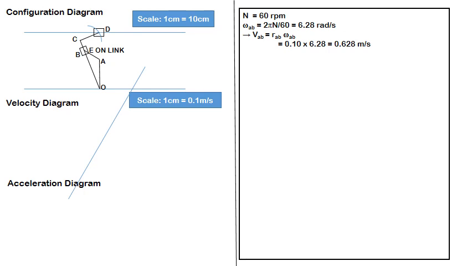So this blue line is the line perpendicular to AB, and on that line make 2 points which are at a distance of 0.628 meter per second apart, or to the reduced scale 6.3 centimeter apart. So that's what I have done. I have shown 2 points A and B. Since A is a fixed point, that also represents O, which are 6.3 centimeter apart.